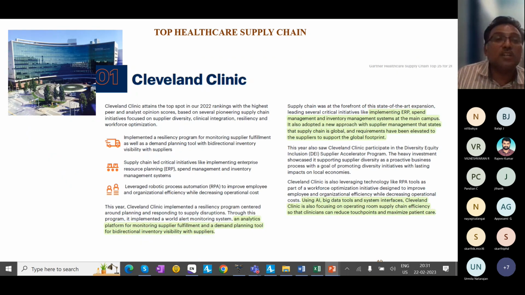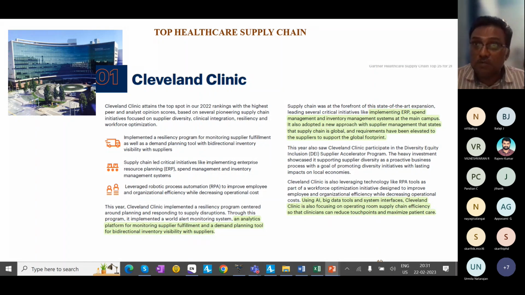And according to their survey, Cleveland Clinic is number 1 in supply chain practices. If you refer to what supply chain practices they have, they concentrate on both material as well as patient centric. With material centric, they have an analytics platform for monitoring the suppliers, and a demand planning tool for inventory visibility. I was pointing out that inventory visibility with IoT and RFID is an emerging issue.